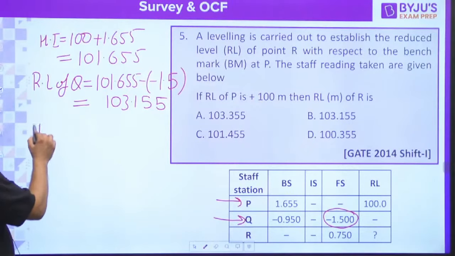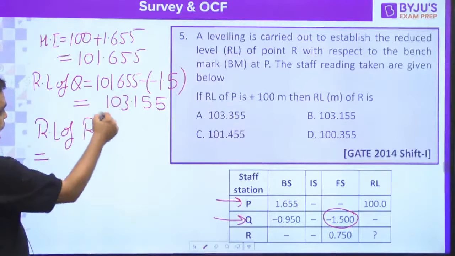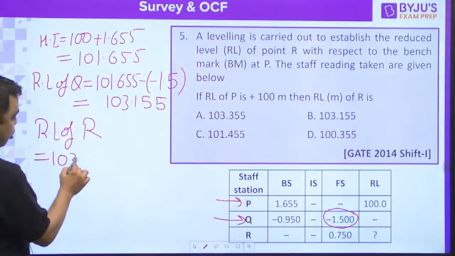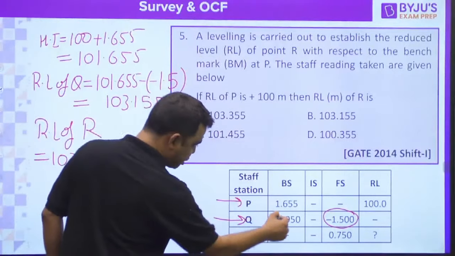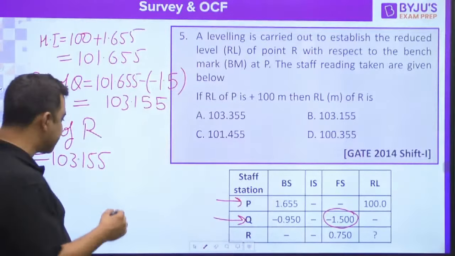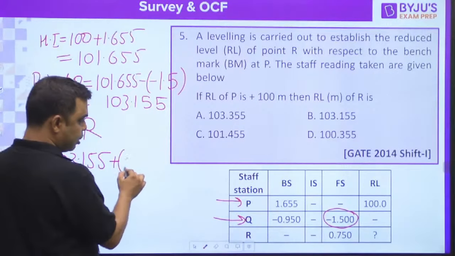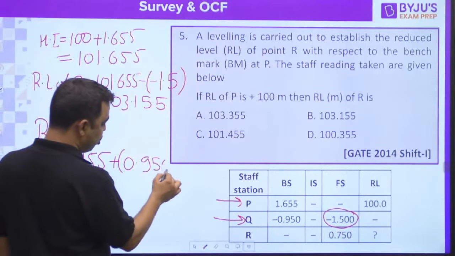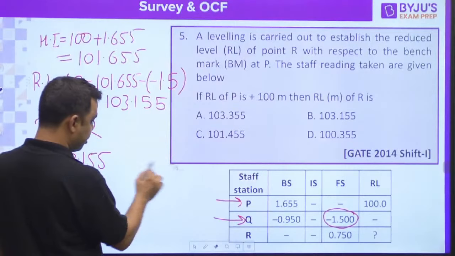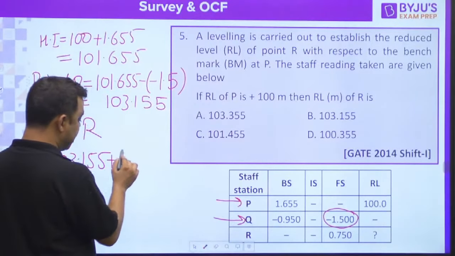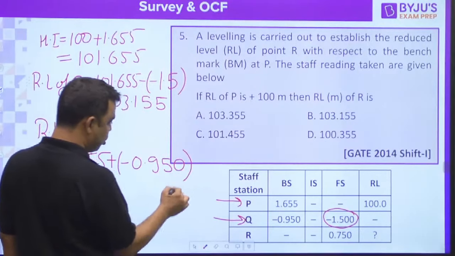Can I write the RL of R will be equal to RL of Q, that is 103.155, plus backsight, so plus minus 0.950, right?